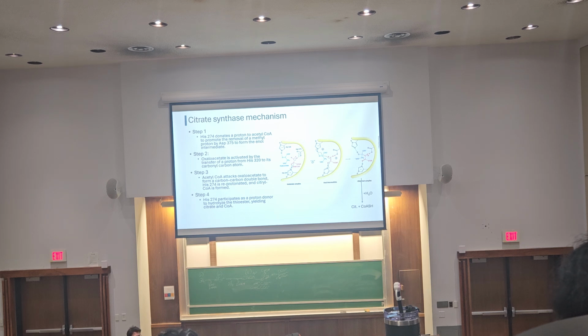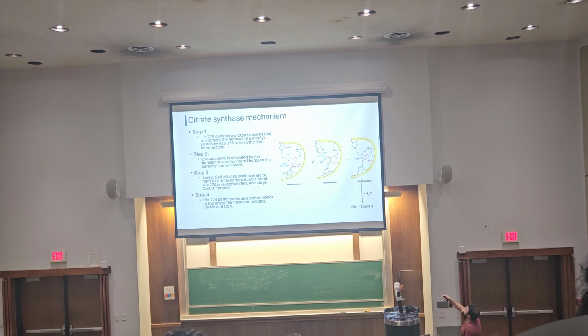So we've seen a similar thing happen before, right? Where have we seen a similar thing happen? Aspartate or glutamate acting as a base. Yeah, right, so we've seen this mechanism before.